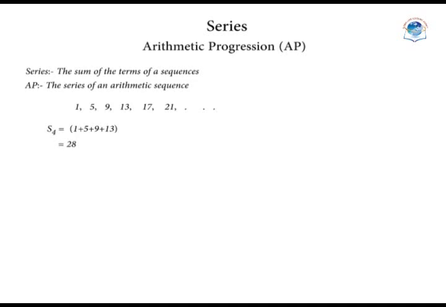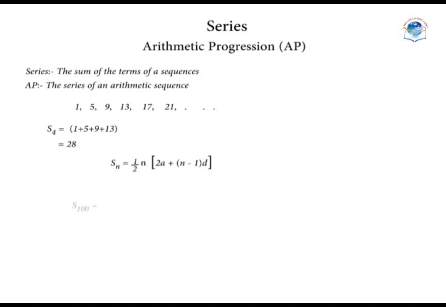In general, the sum of the first n terms of an AP is given by Sn is equal to a half n into 2a plus n minus 1 times d. For example, in our case, we can find the first 100 terms. A is 1, D is 4, and N is 100.